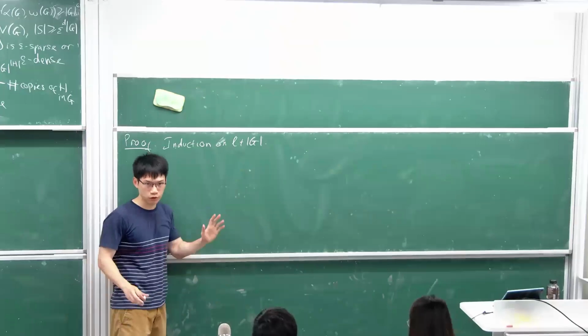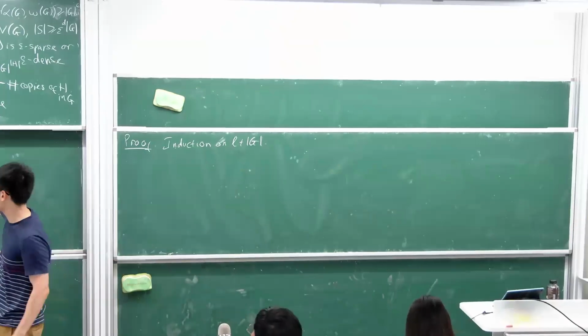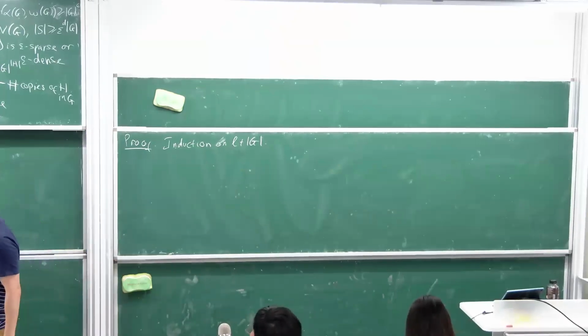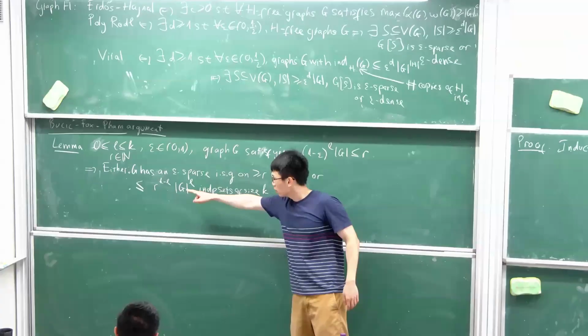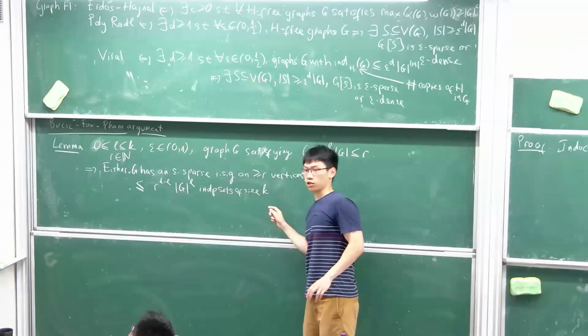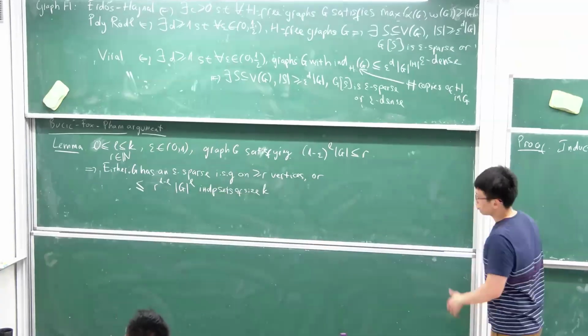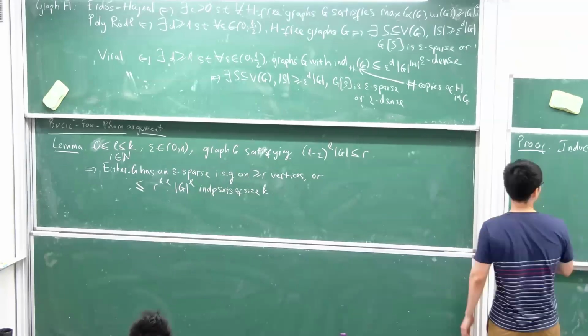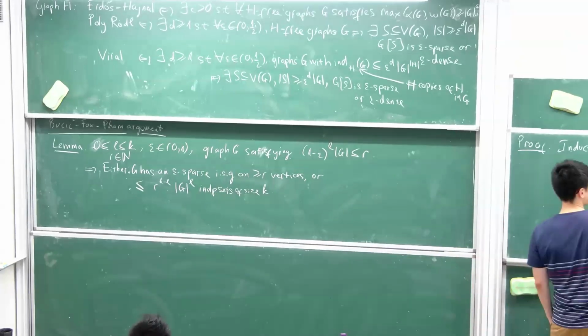If L is 0, then the bound becomes trivial: when R is the number of vertices of G, of course G only has this many subsets. And if G has no vertices, then this is also true. So we're done, and now we go to the induction step.